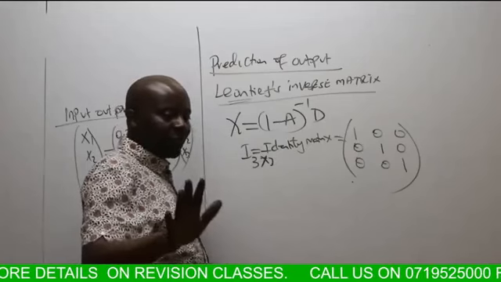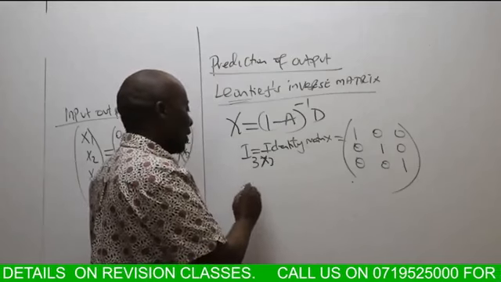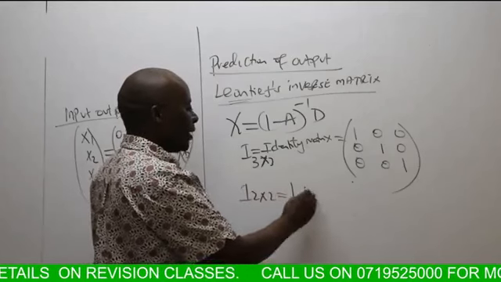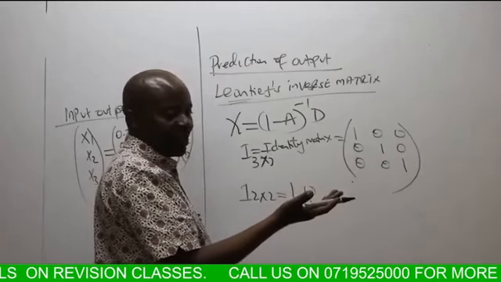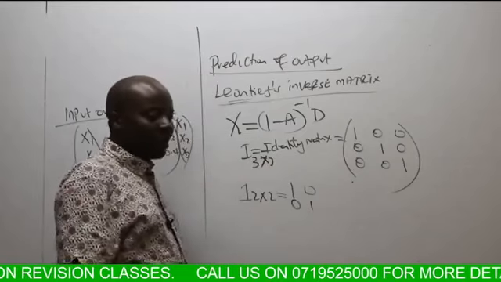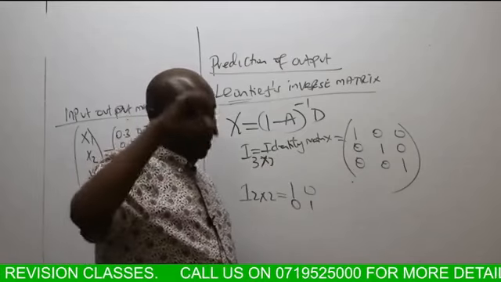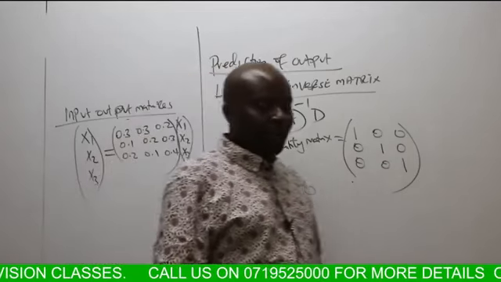If it was a 2 by 2, this is how it would have looked: 1, 0, 0, 1. First of all, show me a thumbs up if we are together, or a thumbs down. Up to there, identity matrix.